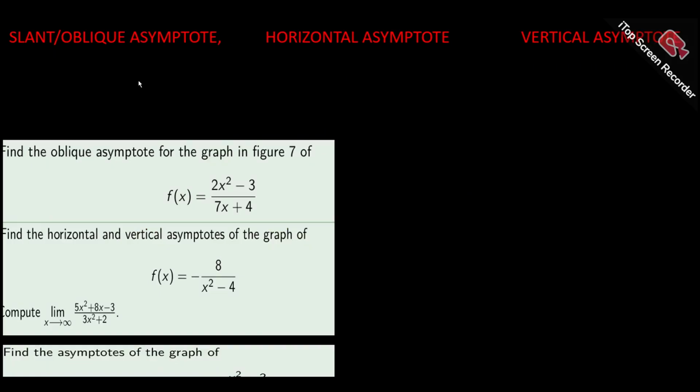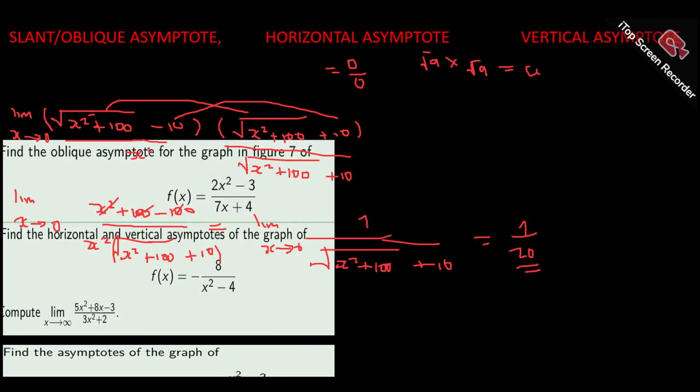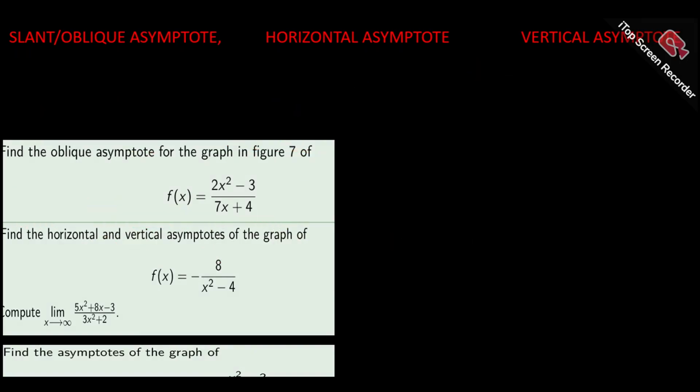Then let us look at the asymptotes that we talked about. Do you still remember the slant asymptotes? For the slant asymptote, we said the degree of the numerator is supposed to be greater than that of the denominator. And when talking about the horizontal, the degrees are supposed to be equal.